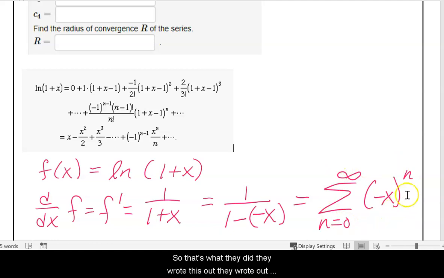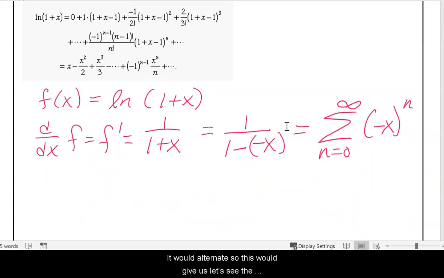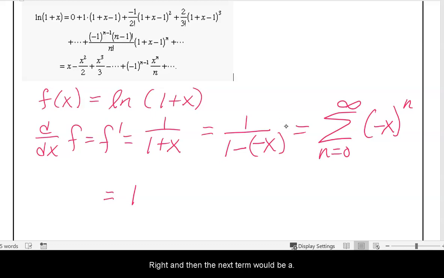They wrote out some of the terms of this, which would alternate. So the first one would be a 1, right? And then the next term would be a negative x, and then the next one would be a plus x squared minus x cubed plus x to the fourth, dot, dot, dot, and so on.